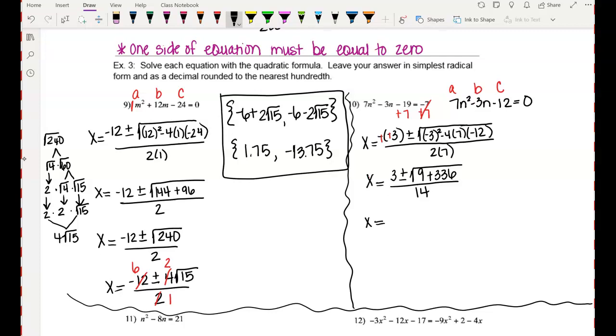So x equals 3 plus or minus the square root of 345 divided by 14. For those of you that have a calculator with math mode, what happens when you put in the square root of 345?